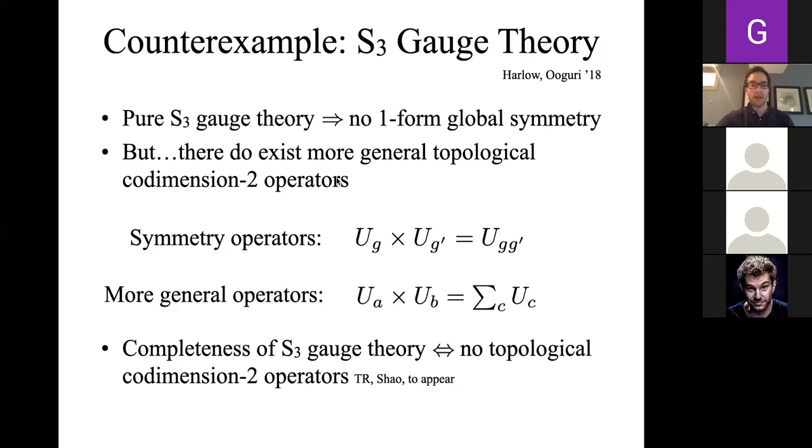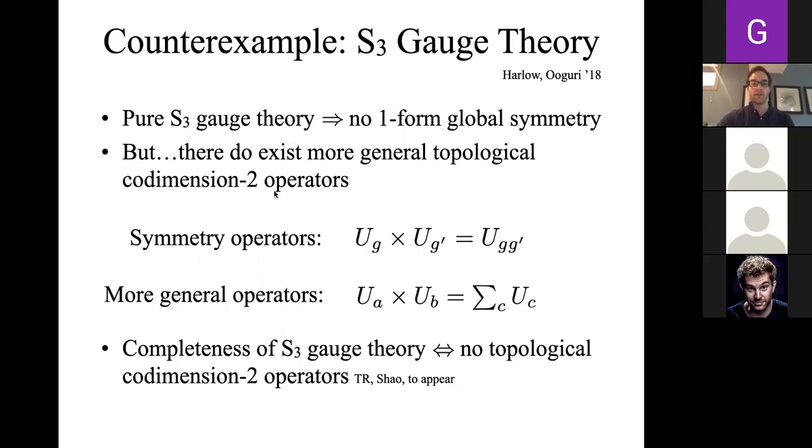However, it turns out that there is a more general statement which is true here. In pure S3 gauge theory, it's true that there are no one-form global symmetries. However, there do exist more general topological codimension 2 operators. Remember, the hallmark of a one-form global symmetry is the existence of topological codimension 2 operators which fuse according to group multiplication.